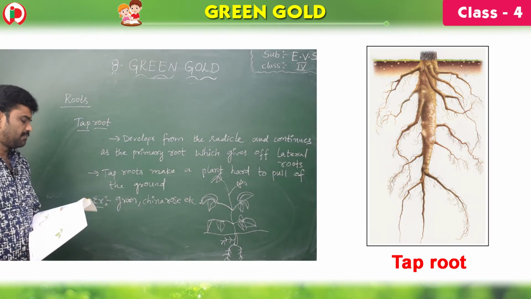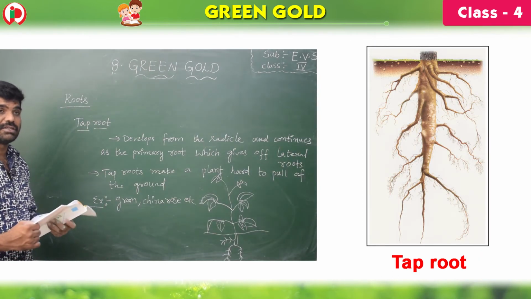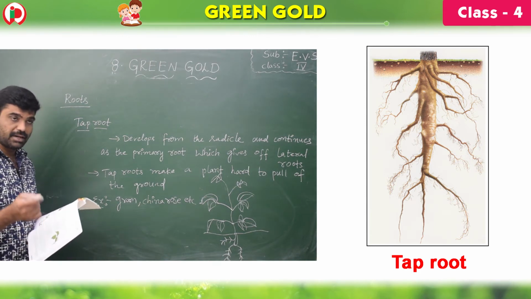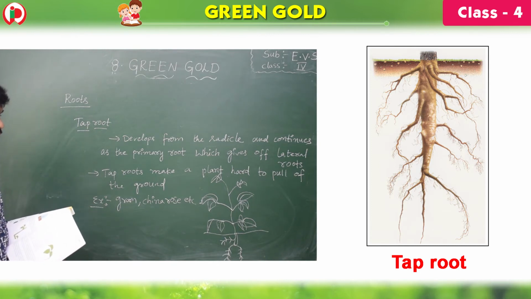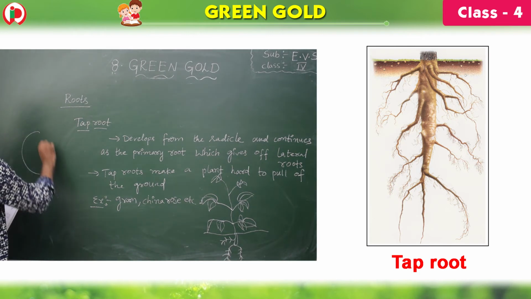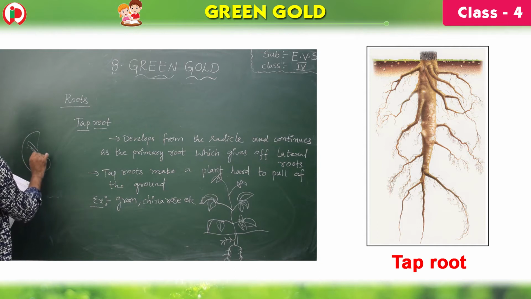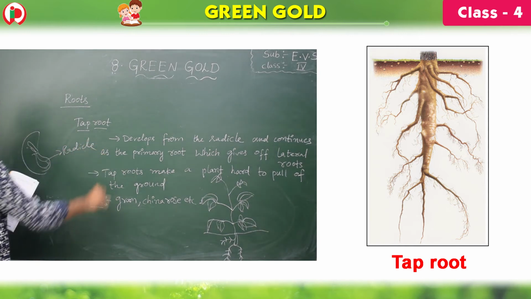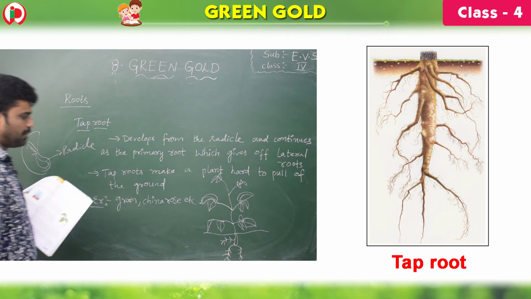Children, now see the second type of root system, which is called the tap root system. This type of root system develops from the radicle. If you observe the seed, this is the plumule, and this is the radicle, children. This radicle gives rise to the primary root.